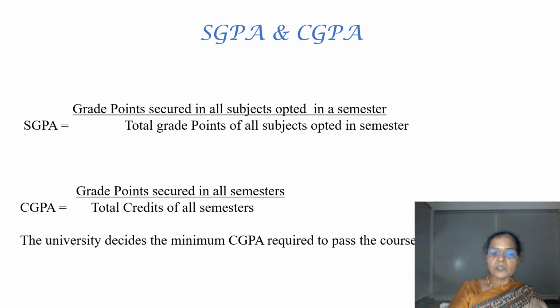And the cumulative grade point average is got by dividing the total grade points secured by a student in all the subjects in all semesters by the total credits of all the semesters.